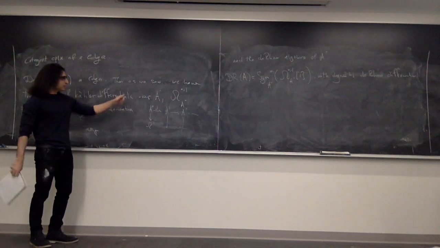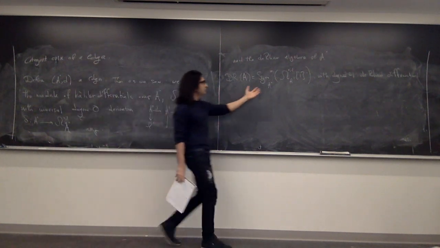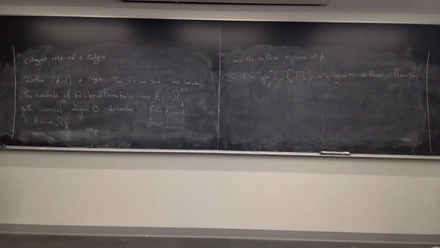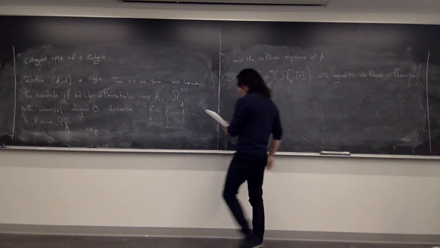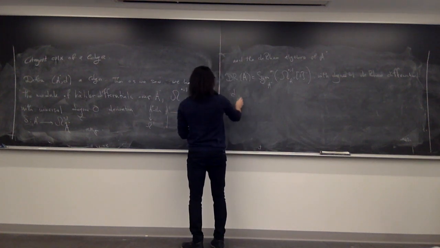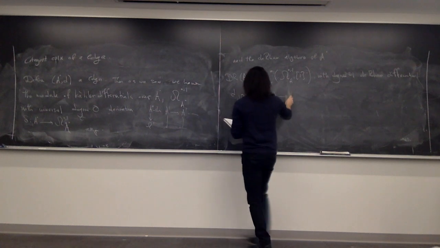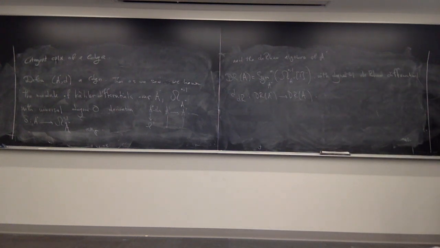You also have the de Rham differential that takes you from copies of omega to the second symmetric algebra, third symmetric algebra. That has degree minus 1. So 2 forms are sitting in degree shifted by 2, 3 forms are sitting in degree shifted by 3, and so on.